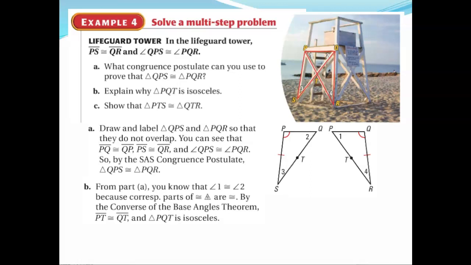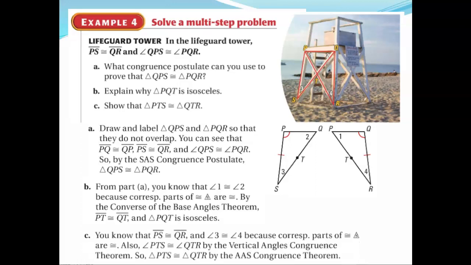And we know that PS is congruent to QR. So, because we know all those pieces of information, we have two angles and a non-included side. And so by the angle-angle side congruence theorem, we can say that triangle PTS is congruent to triangle QTR.